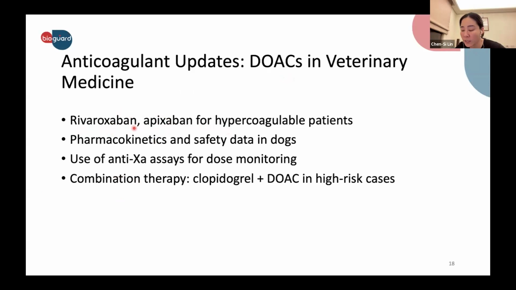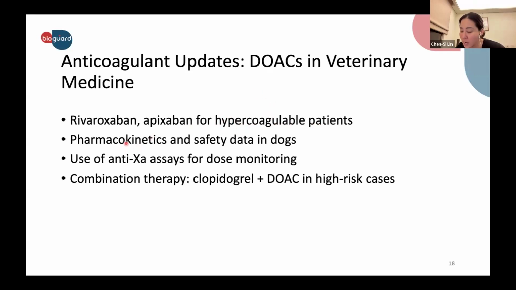These two drugs are actually factor Xa inhibitors. Studies have shown that they have safe, predictable anti-Xa activity in healthy dogs. So this kind of drug treatment could be used in patients suffering from hypercoagulation.